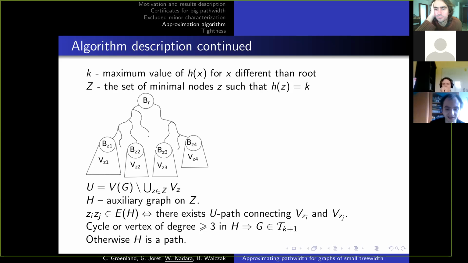We have found many connections between big subgraphs that allow us to say that G belongs to t_{k+1}. So in that case, we are done. Otherwise, this auxiliary graph has to be a path. There's one more thing worth mentioning: this graph H is connected because G is connected.